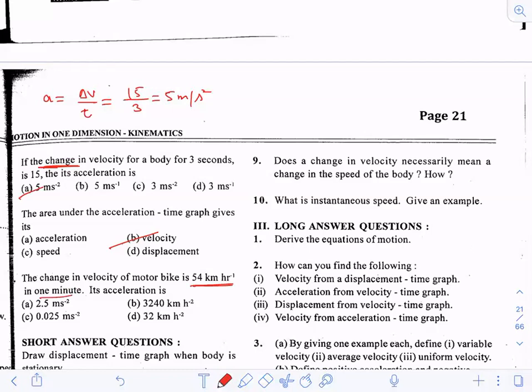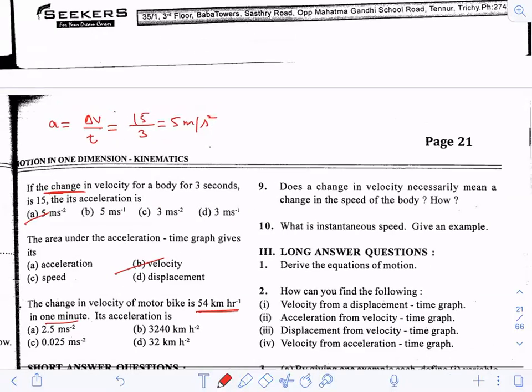What will be its acceleration? So you have to convert this kilometer per hour first into meters per second. So if you convert that in meters per second, what will you get?